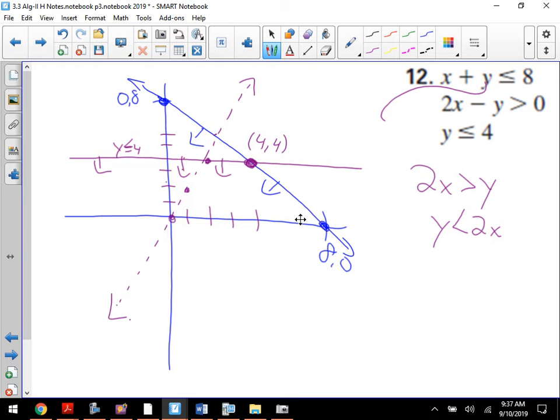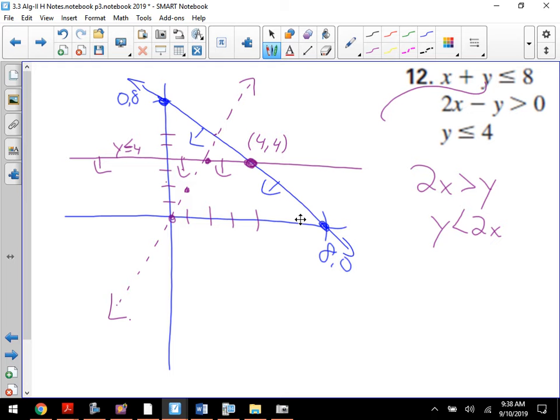And that one went through the origin, so I'm not going to use 0, 0. So what point could I use that didn't go through the origin? Why not use one we know definitely? 4, 4.